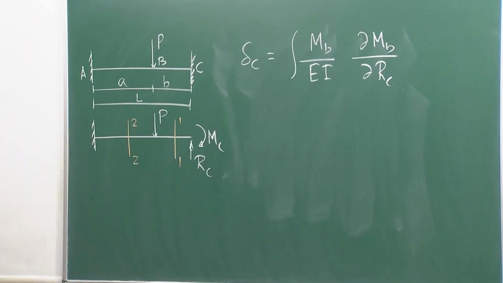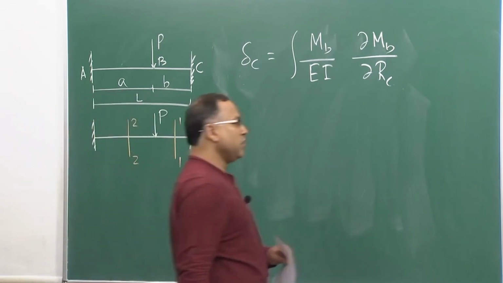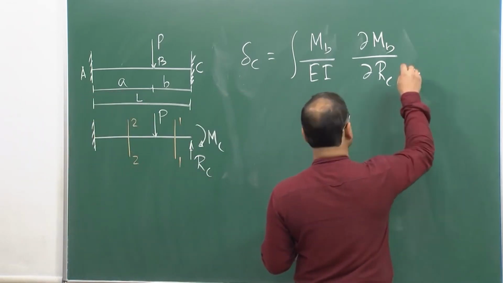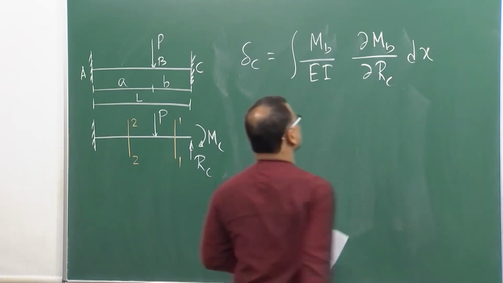We can take the partial derivative of the strain energy with respect to that force RC, and that will give me the deflection. So, del MB del RC into dx.